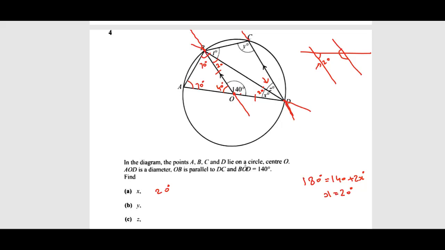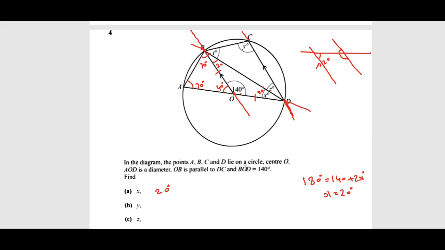If this is 120, then the angle at Z is going to be, it would also be 20, no? Yes, it will be 20. It should be 20. Very good.